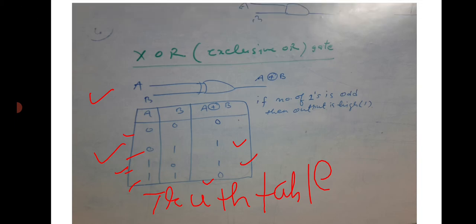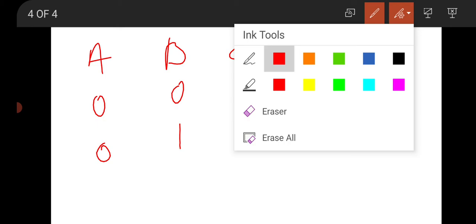When we take three inputs, suppose we take A, B, C as 0, 0, 0, up to 1, 1, 1.